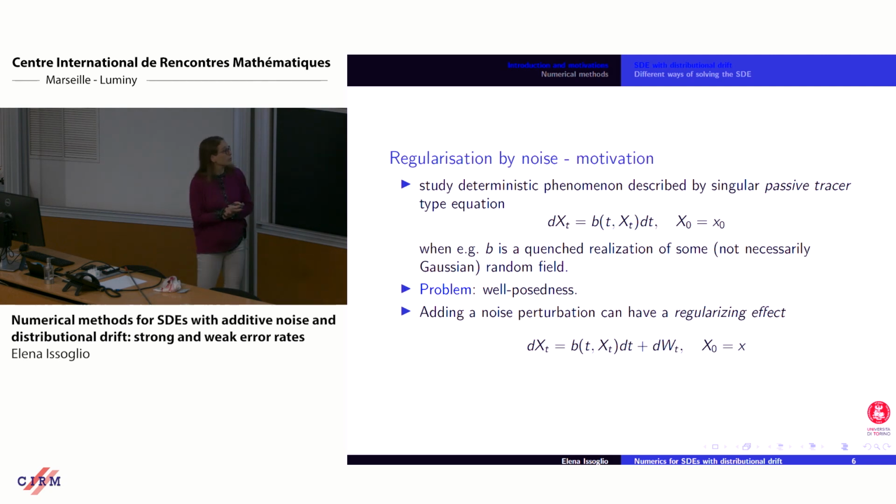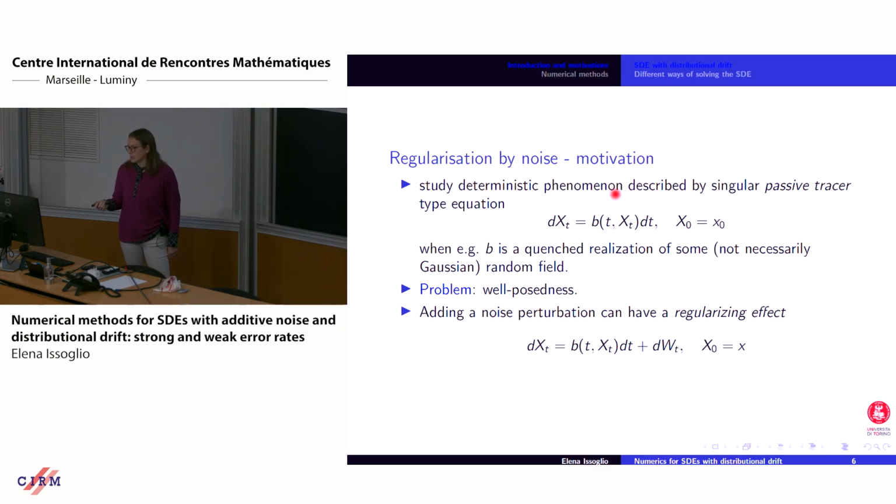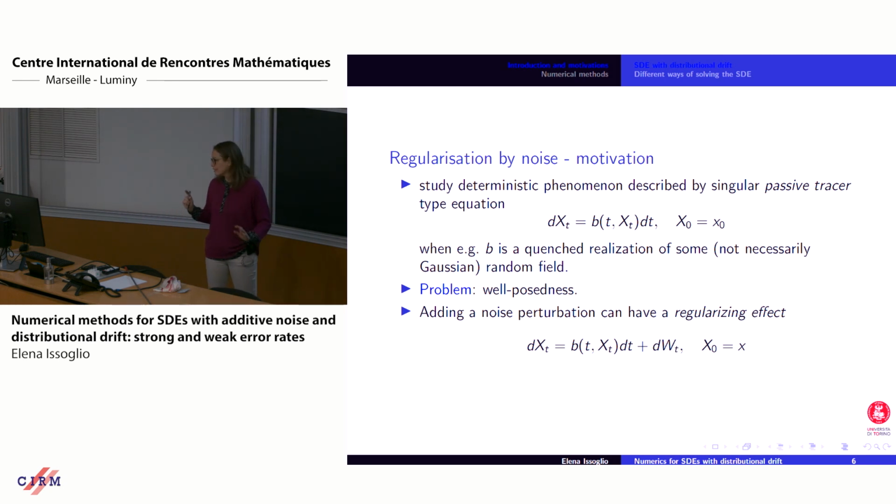Okay, so probably many of you know this, but there is this interesting effect, now well known as regularization by noise. If you have an equation which is this one here, this is deterministic, which describes some phenomenon, where B is, for example, the quenched realization of some not necessarily Gaussian random field, or the derivative of the realization of a random field.